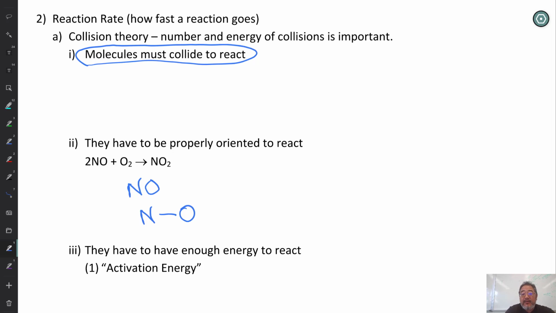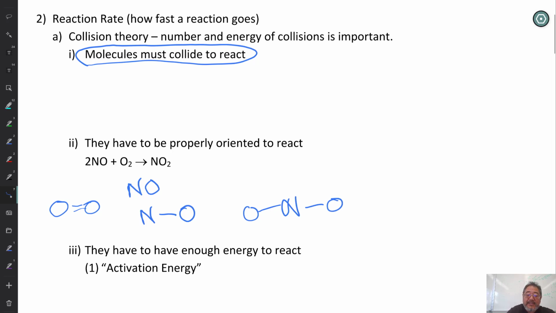But in order for it to form NO2, NO2 looks like this, NO and O, right? So the NO is going to have to collide with O2. And O2 looks like this. So where does the O have to strike the NO to form the product?